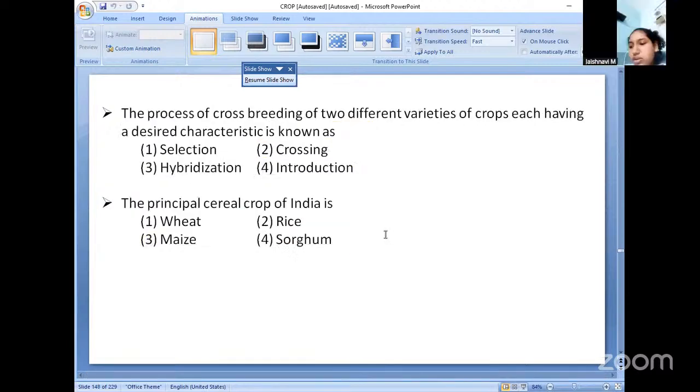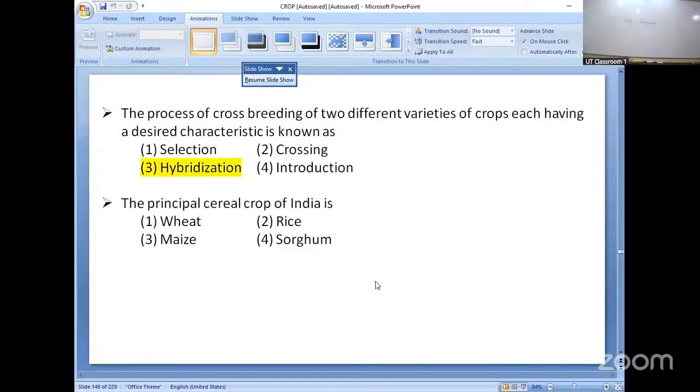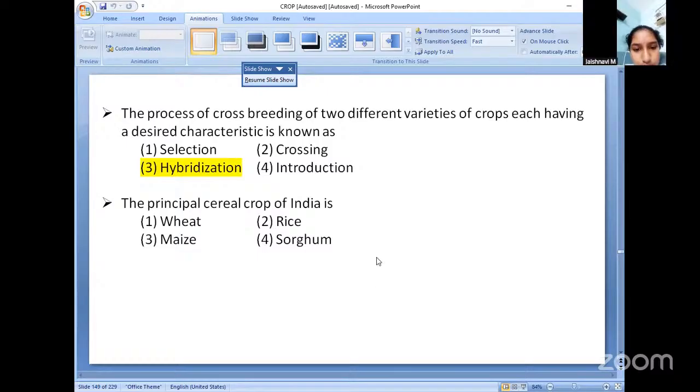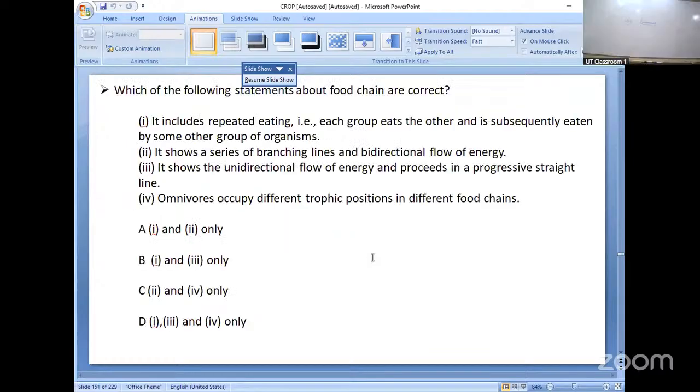Very nice. The process of crossbreeding of two varieties is hybridization. Very nice. The principal cereal crop of India is rice. Which of the following statements about food chain are correct?